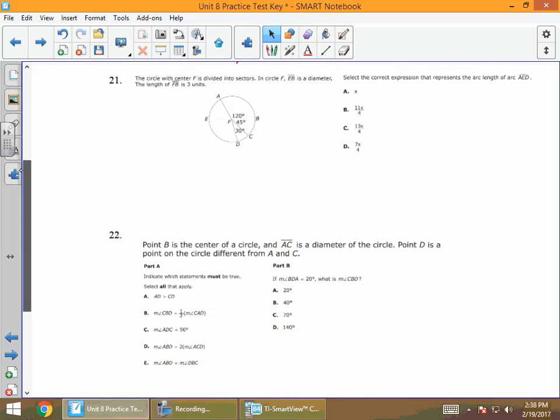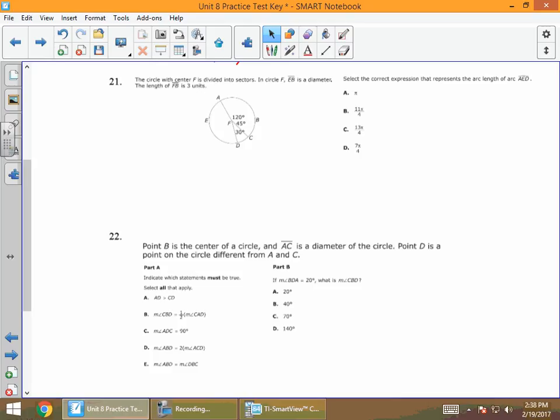On to question number 21. Circle with center F is divided into sectors, and FEB is a diameter. And you don't really see it on here, so I'm going to see if I can add this EB here.